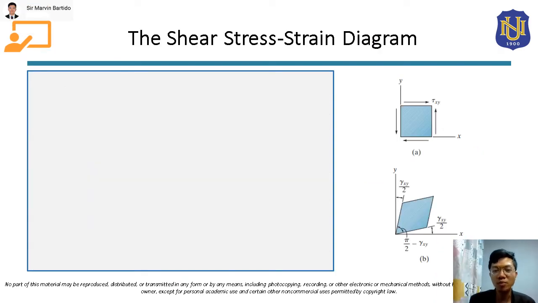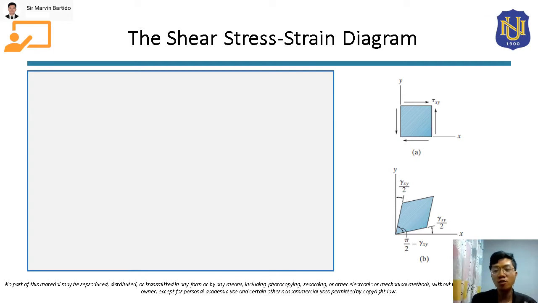Okay, so in our previous discussions, we already talked about the normal stress strain diagram. Here, we are going to discuss the shear stress strain diagram. In the deformation due to normal stresses, we describe the deformation by computing the normal strain.